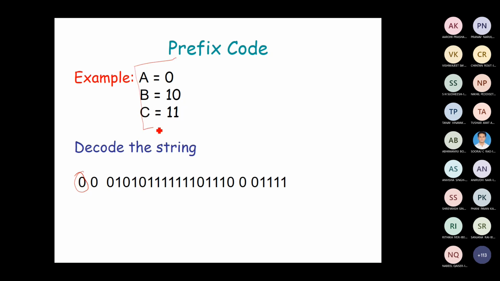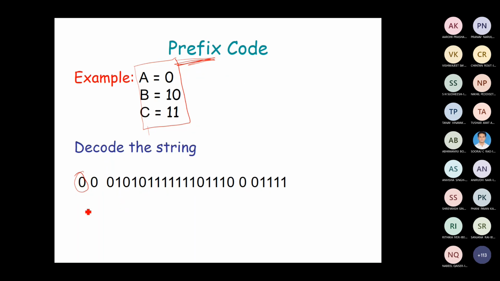This is my table, made up of the symbols and their associated codes. So I don't need to look for any other code, because when the first bit is 0 and it matches the character A, I don't need to look into the other codes, because we follow the prefix property, which says that no code should be the prefix of another code.